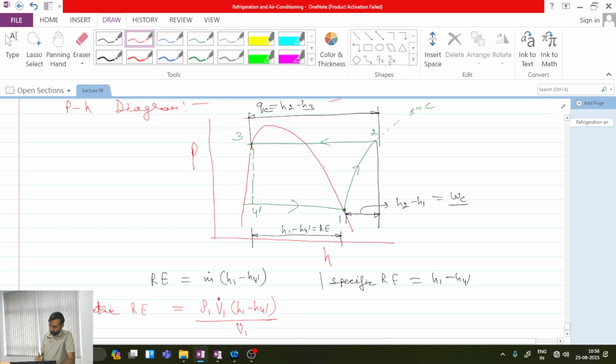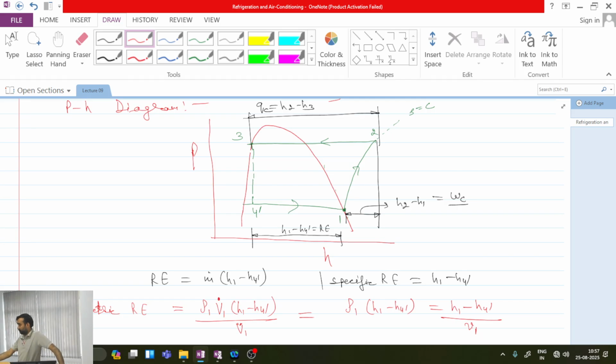So per unit volume flow rate, whatever effect will be there will be nothing but rho 1 into h1 minus h4 dash, and it will be equal to h1 minus h4 dash divided by nu 1, where this nu 1 is nothing but the specific volume at point 1.